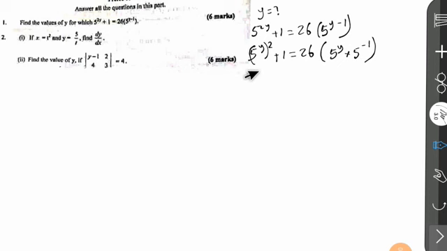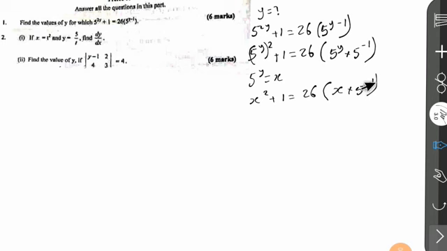The next thing to do is to notice that we have 5 raised to the power of y in both places. So let's say 5 raised to the power of y is equal to s. Putting it in, we have s raised to the power of 2, plus 1, equals 26 open bracket, s multiplied by 5 raised to the power of minus 1.